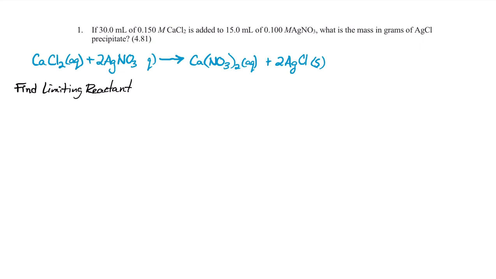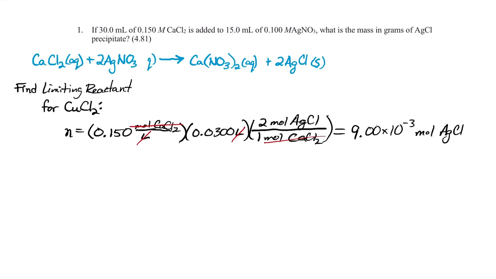So to find our limiting reactant, we could start with calcium chloride, and it says that our concentration and volume are known. So the number of moles of calcium chloride is going to be equal to the molar concentration times the volume, just like we did in last section. 0.150 moles per liter of calcium chloride times 0.0300 liters.